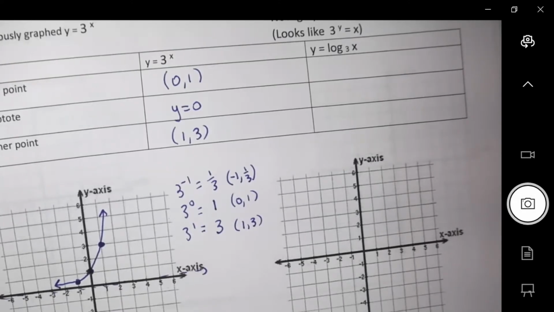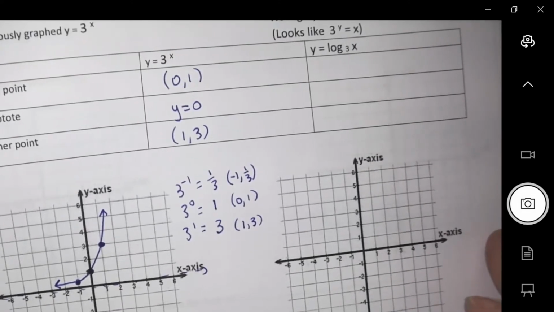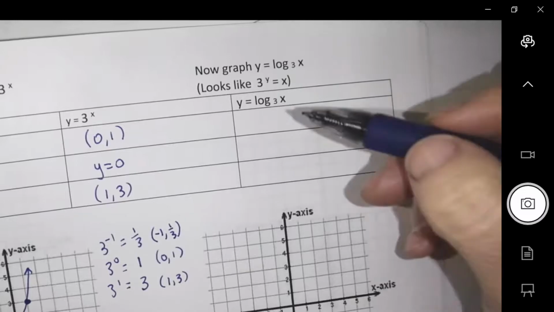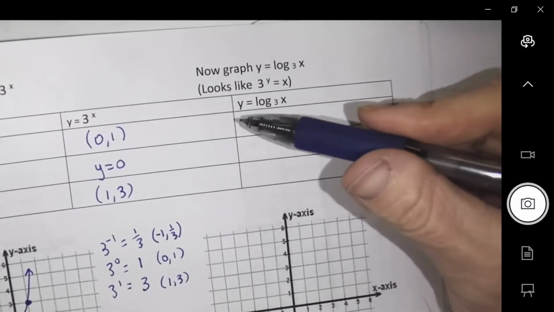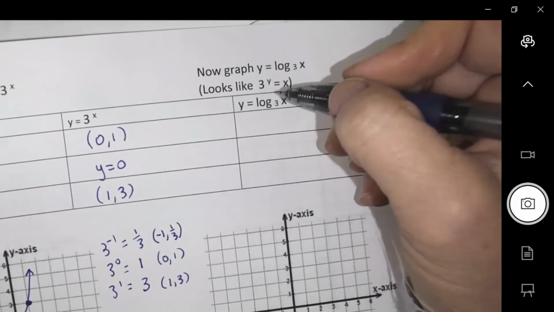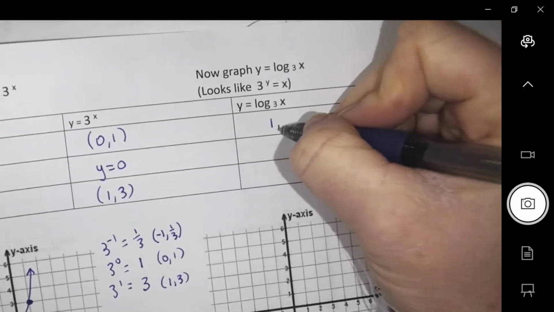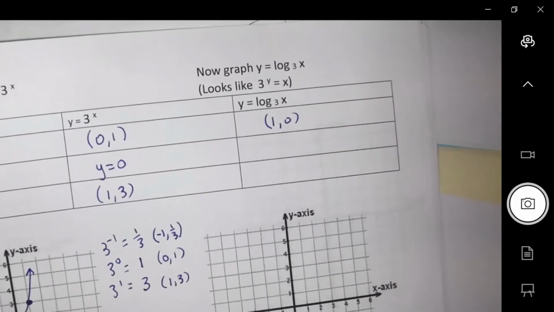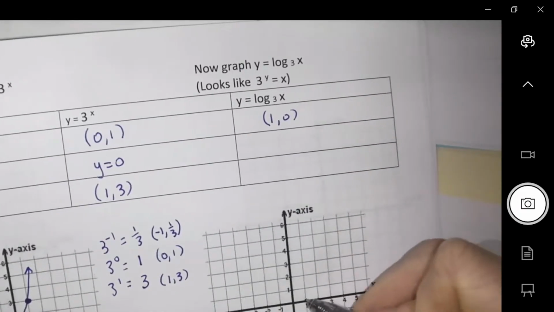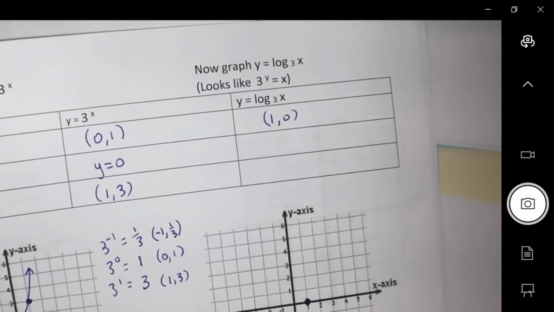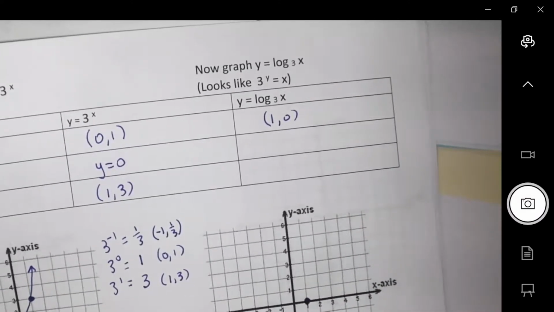Okay, if we know that logs are the inverse, so this is me using a base of 3 again, but now I'm switching the x's and y's. So the anchor point on the log graph will be 1 comma 0. This point will now move there.